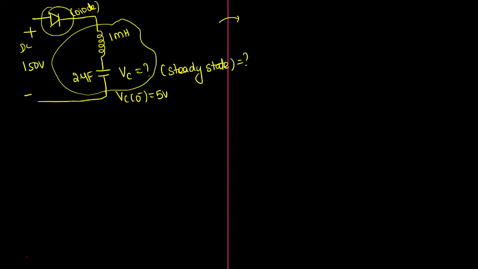Many of you got the answer as 290, but I wanted to know what is the generalized expression for the capacitor voltage when a pure LC circuit is directly connected with the DC supply. Anybody?